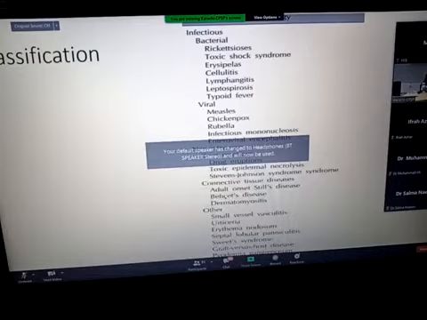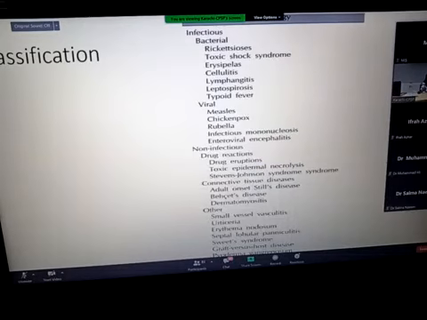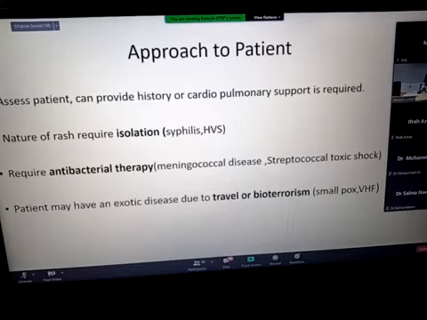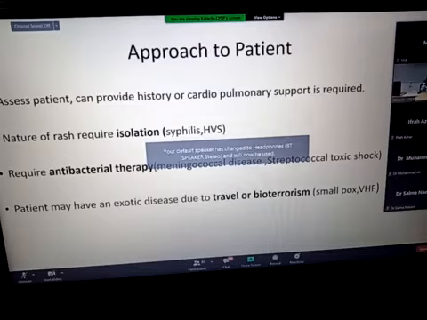All these infections which are caused by microorganisms with fever, they should assess and take a history.